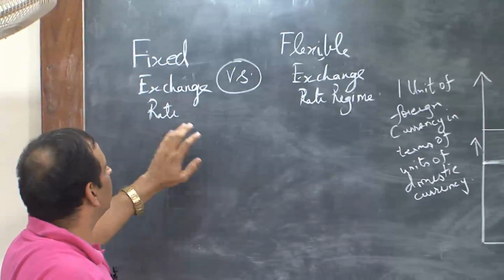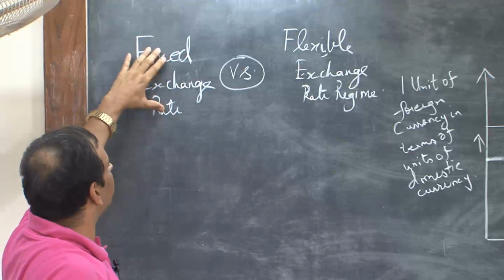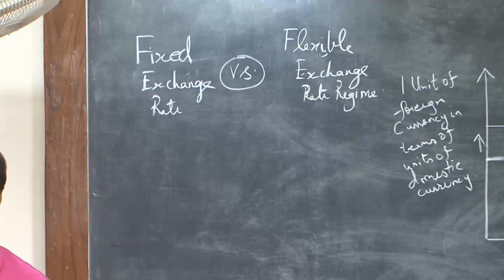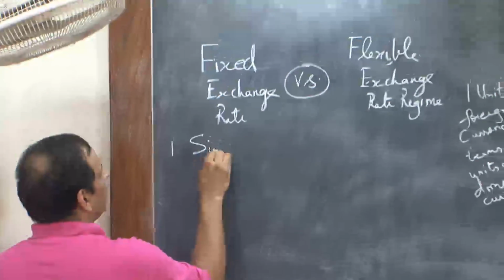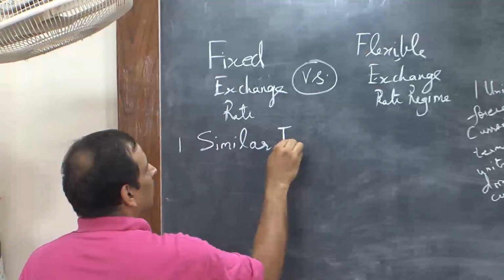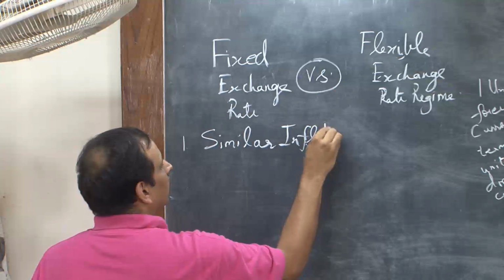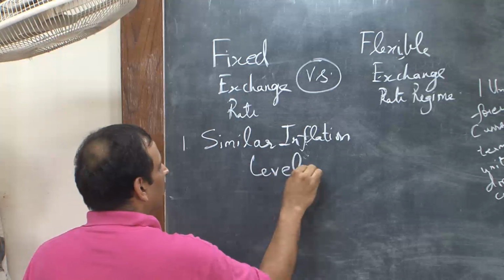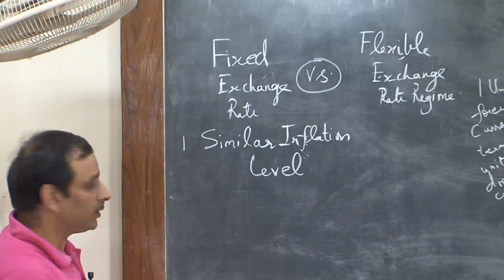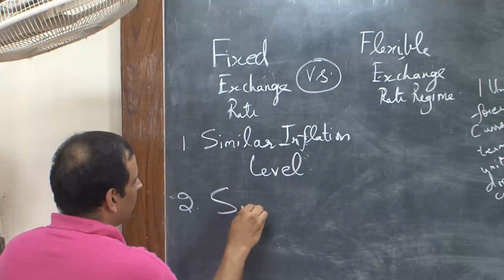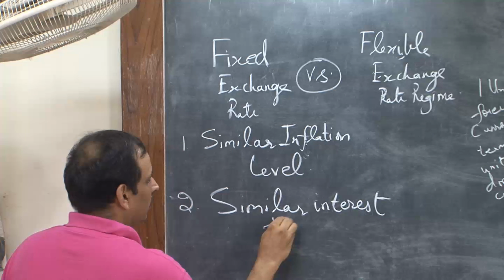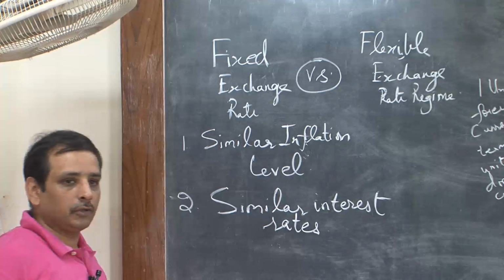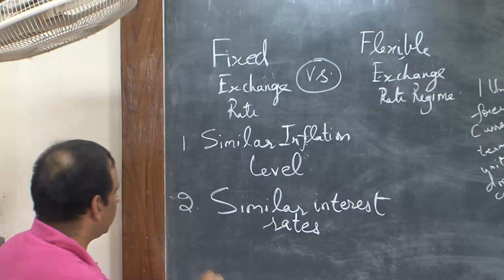Now, if you read the literature on countries choosing between fixed and flexible exchange rate, they come out with a set of criteria. It is said that countries with similar inflation levels should adopt a fixed exchange rate. Countries with similar interest rates should adopt the fixed exchange rate.